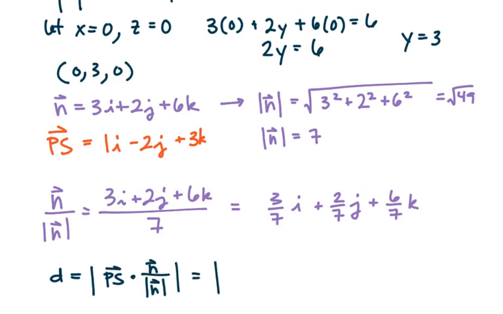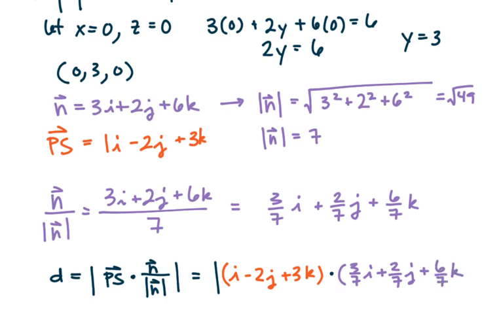So that is i minus 2j plus 3k, the vector PS, dotted with the unit vector that's perpendicular, 3/7 i plus 2/7 j plus 6/7 k.